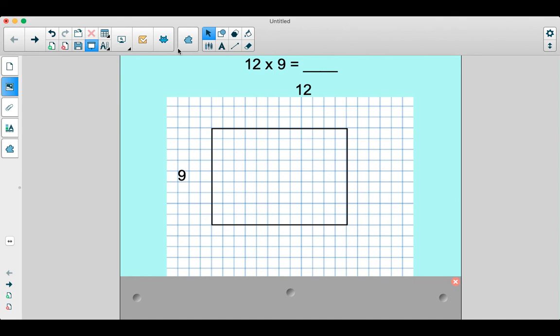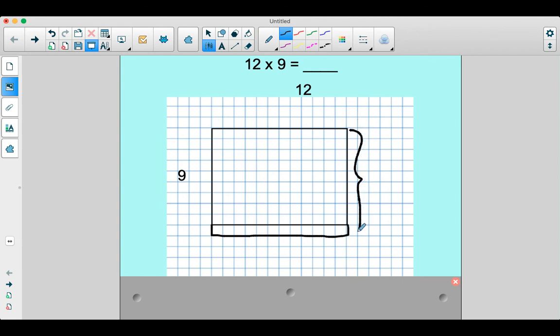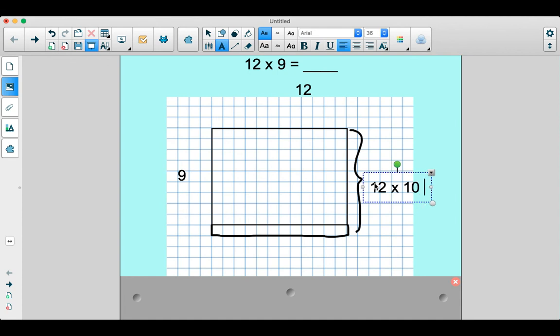Maybe you were like, I don't know 12 times 9, but I do know 12 times 10. So maybe you just added on another row and figured out what 12 times 10 is. And you said 12 times 10 equals, let's write it out first. 12 times 10 equals 120.